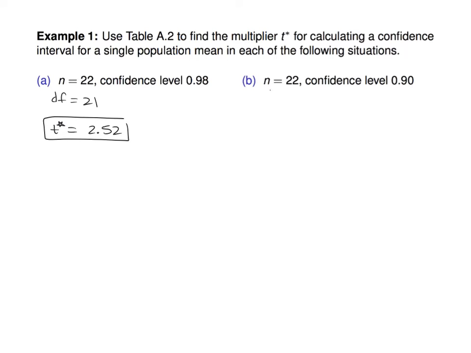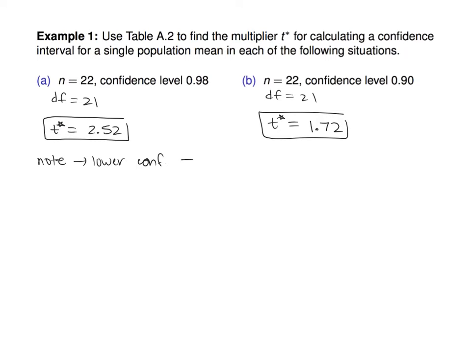Next one, same sample size, so same degrees of freedom, but lower confidence level. In this case, T-star is 1.72. Note that lower confidence implies a smaller multiplier.